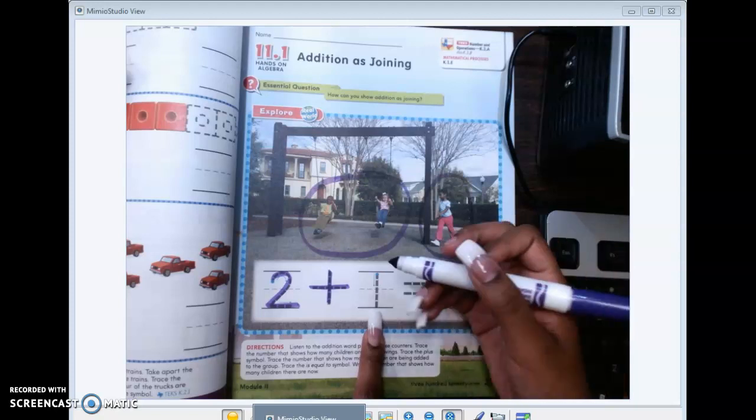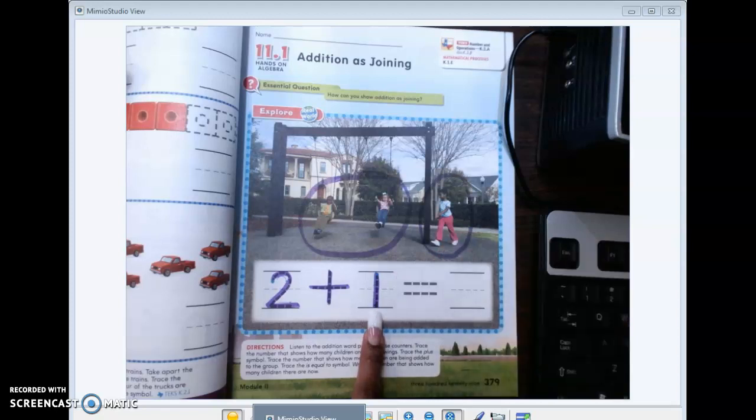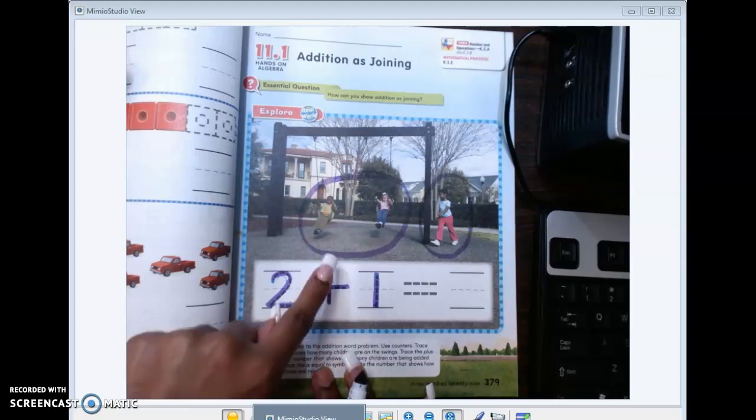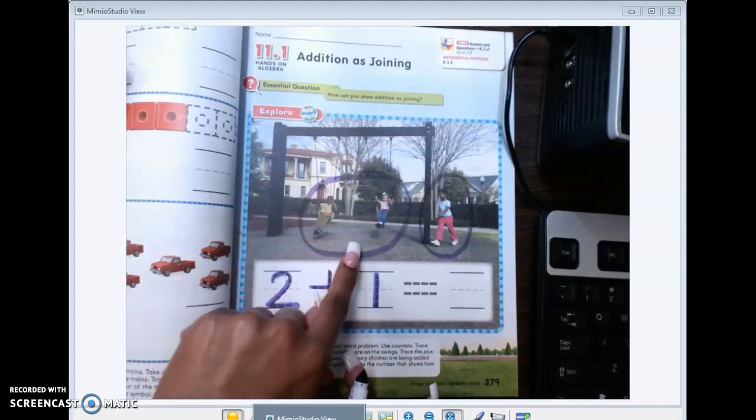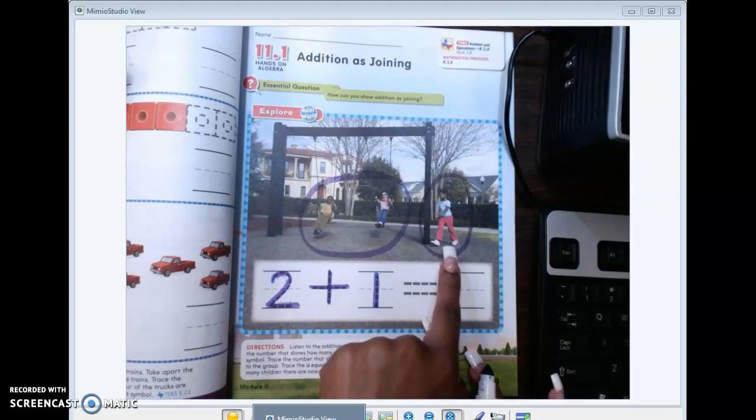So I'm going to go ahead and trace my number 1. So I'm going to go back. The number 2 is here first because there were 2 children playing on the swings. Plus means to join or put together. 1 because one more child came to join.